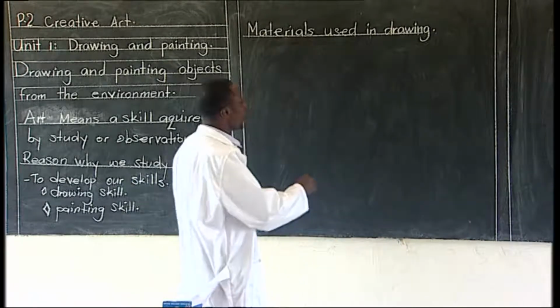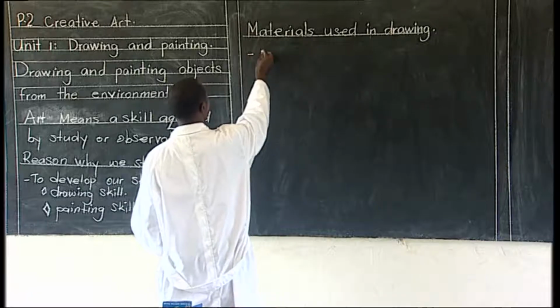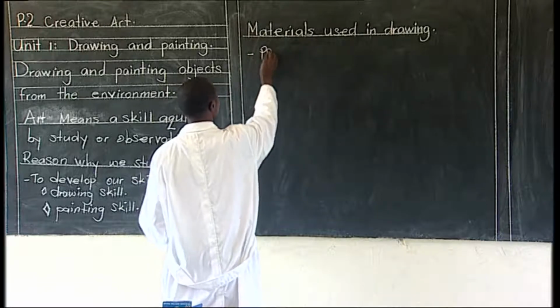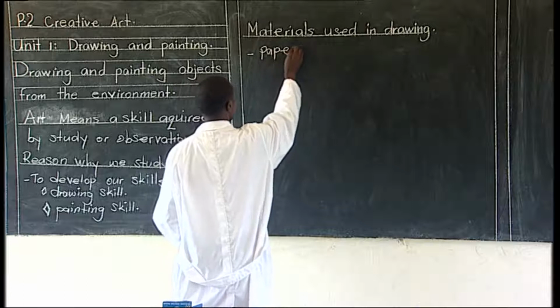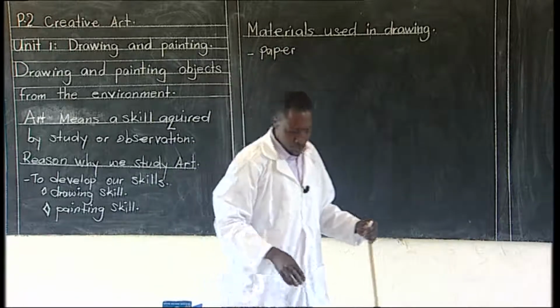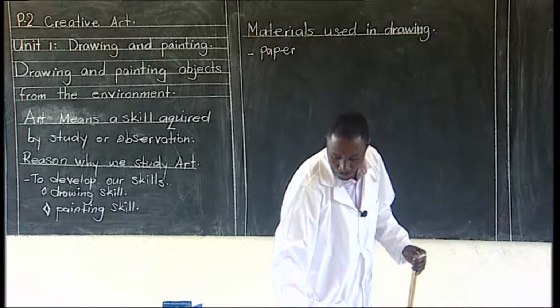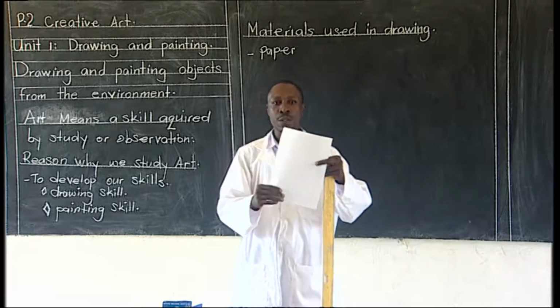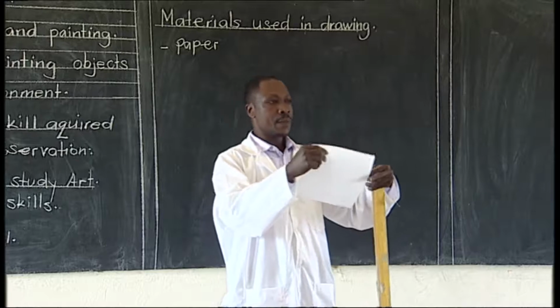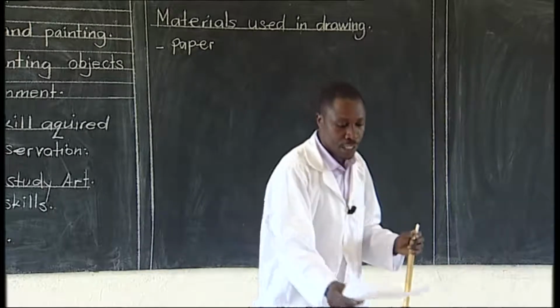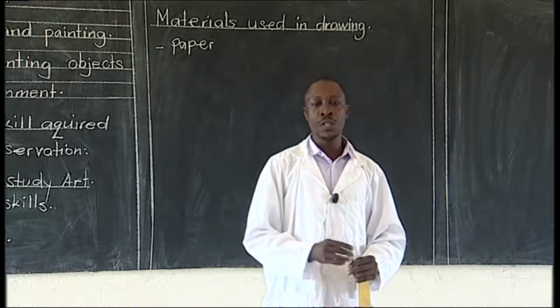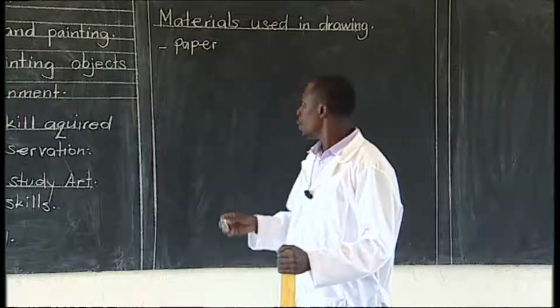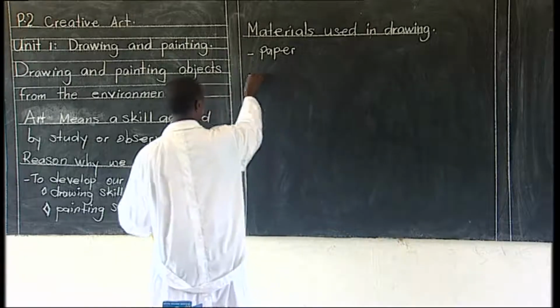Number one, we have a piece of paper. We have a piece of paper here. This one is a piece of paper which you are going to use as a surface where you are going to draw your object.